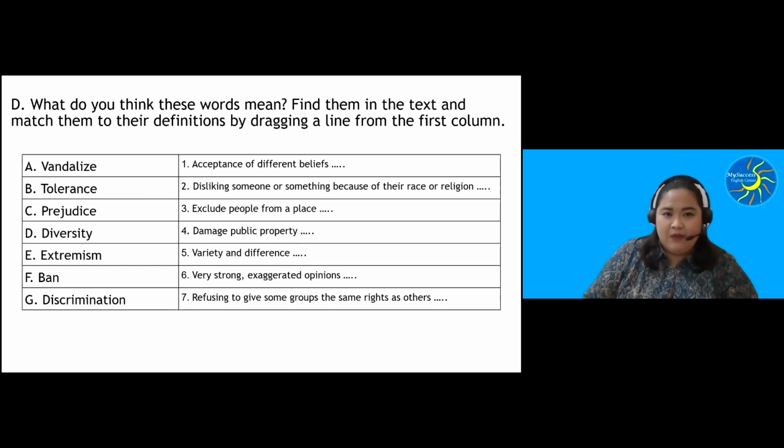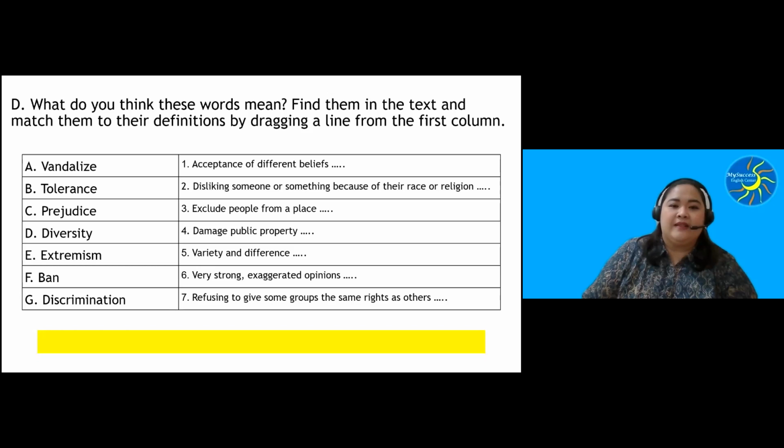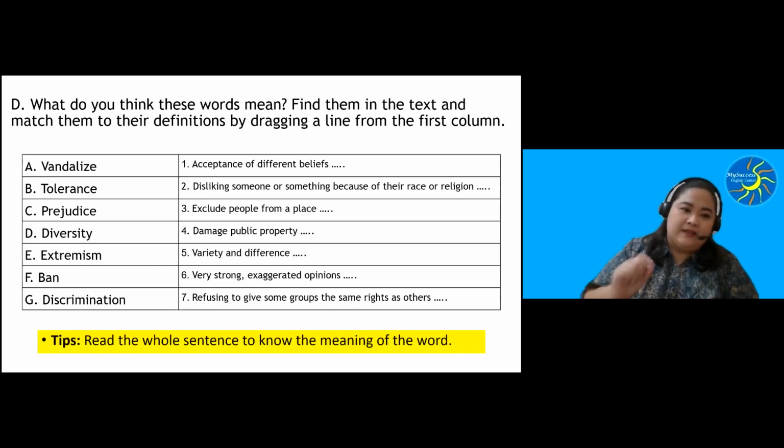right? Now, let's check your answer. Anyway, this is another tip that you can do whenever you want to check vocabulary. Every time you read a difficult text, you need to read the whole sentence to know the meaning of the word.